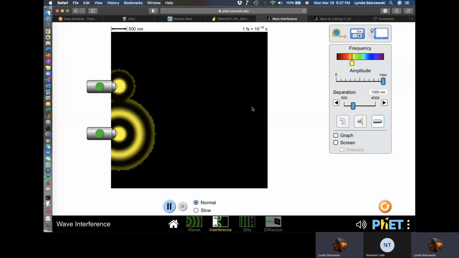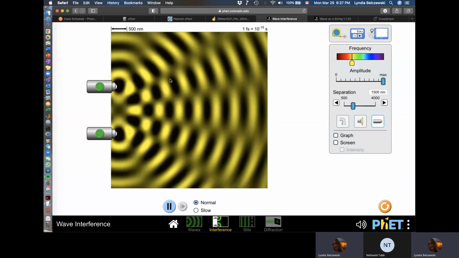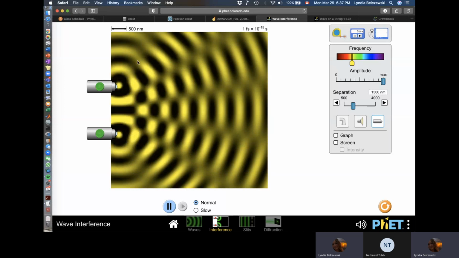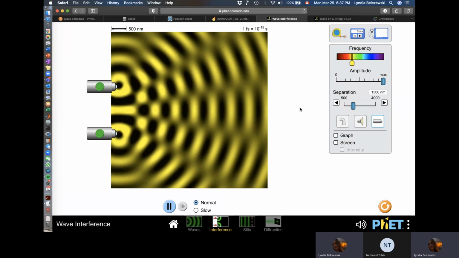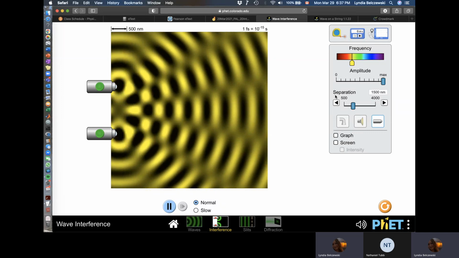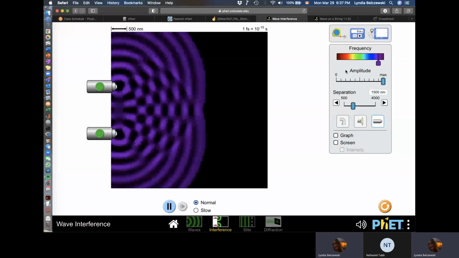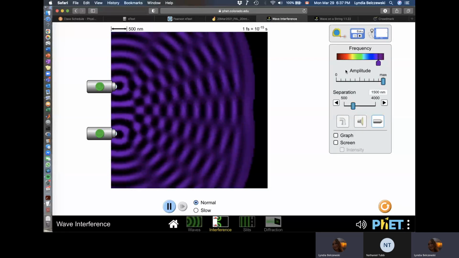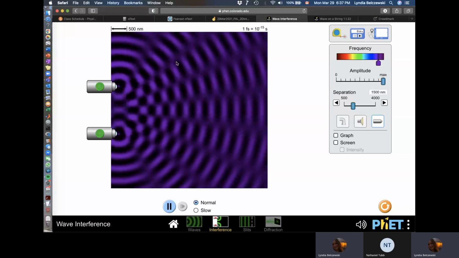Yeah, so start with a yellow frequency, let's see how many nodal lines it has. It has about 1, 2, 3, 4, 5, 6 nodal lines that are visible. And then I change it to a purple laser, and there are a whole lot more nodal lines. We've got 1, 2, 3, 4, 5, 6, 7, 8 now.